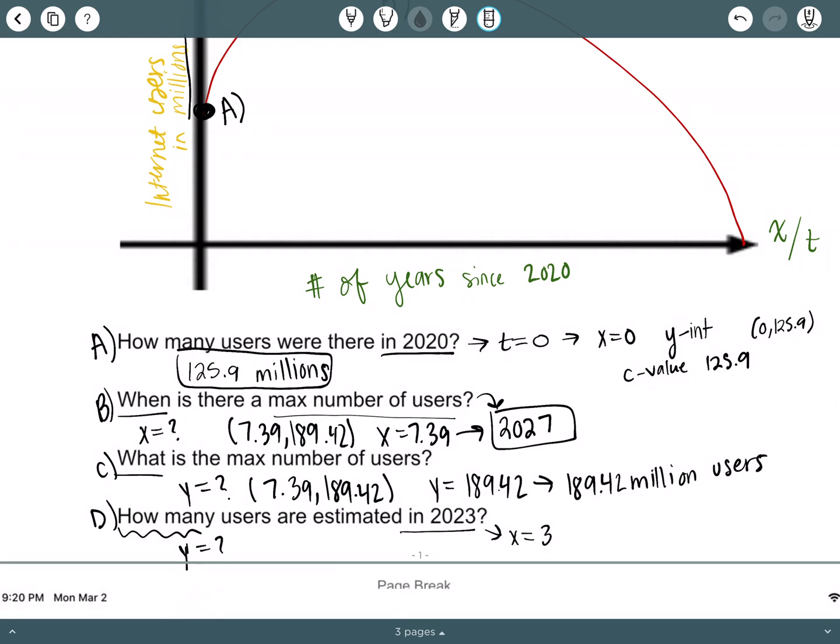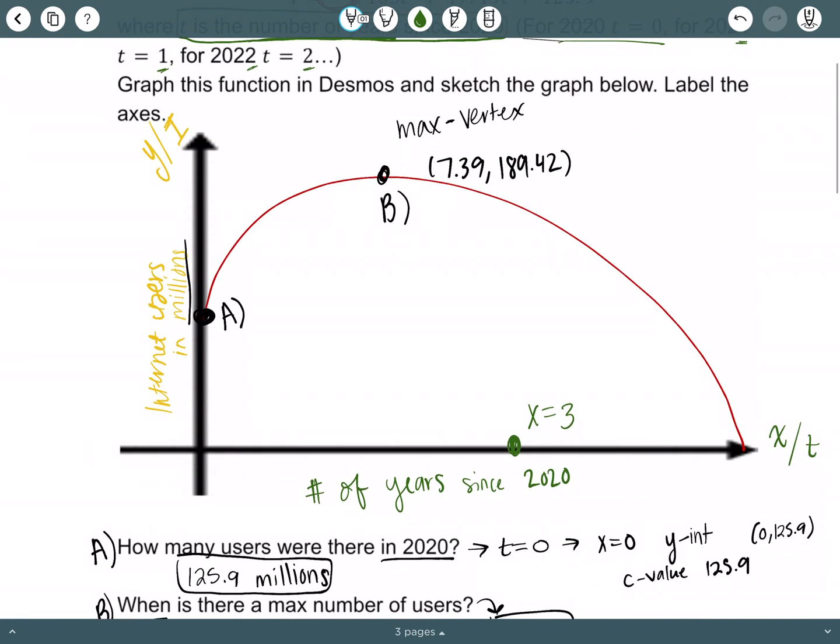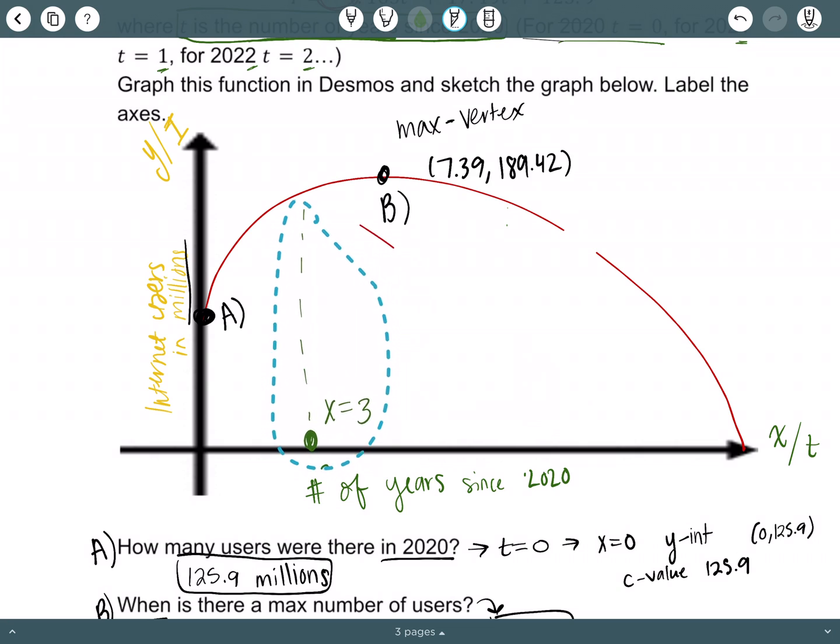And if x equals 3, then we can make that a second line in Desmos right along here at x equals 3, and have Desmos do a line straight up, and it would actually be over here to the left of our vertex because it came before 2027.